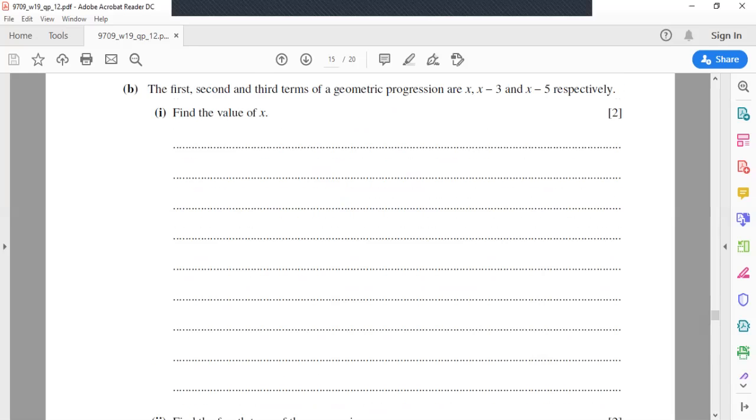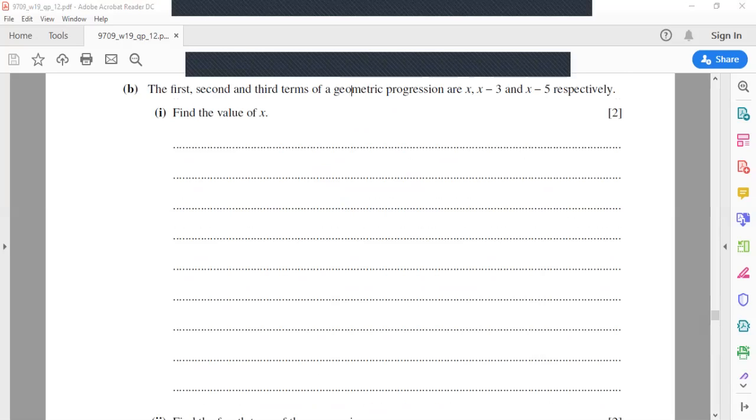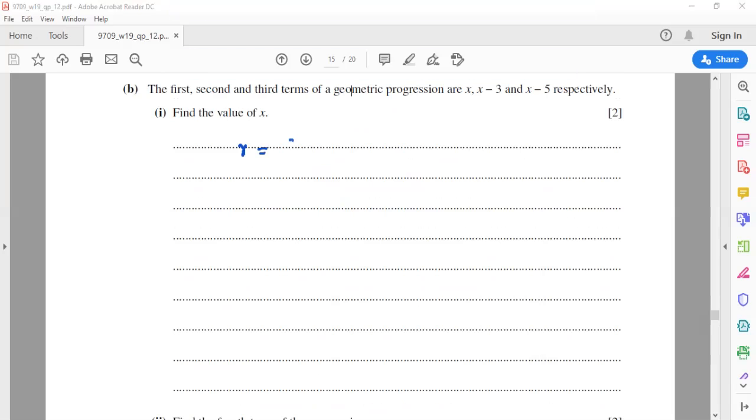the first, second, and third terms of a geometric progression are x, x minus 3 and x minus 5. Since it is a geometric progression, the common ratio must be the same for the first two terms and the next two as well. So x minus 3 over x equals x minus 5 over x minus 3.